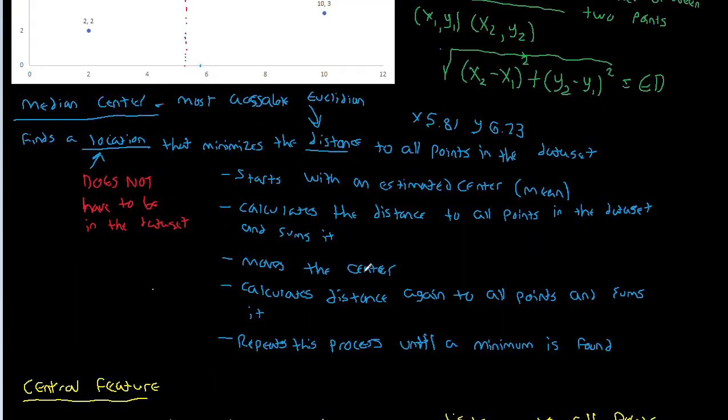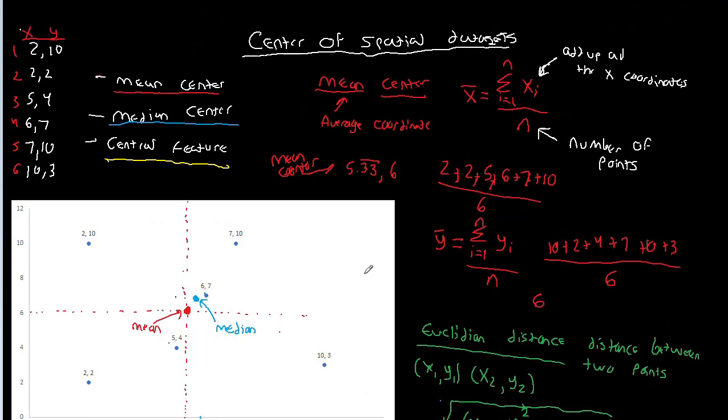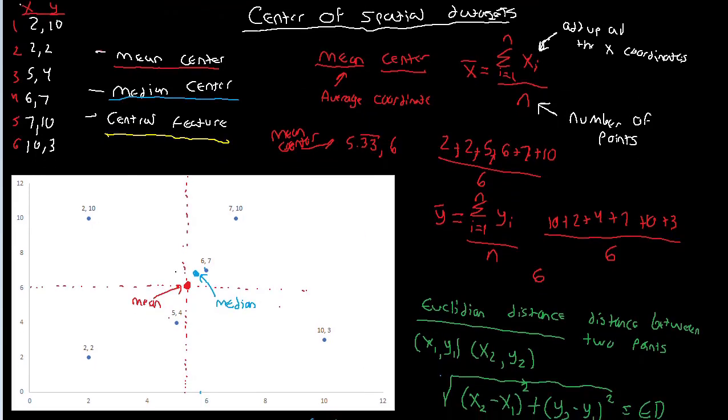As the last piece of this activity, let's label our central feature. We said our central feature was the point 6,7. So we go 6 on the x, 7 on the y, and we get this point right here. This is our central feature.